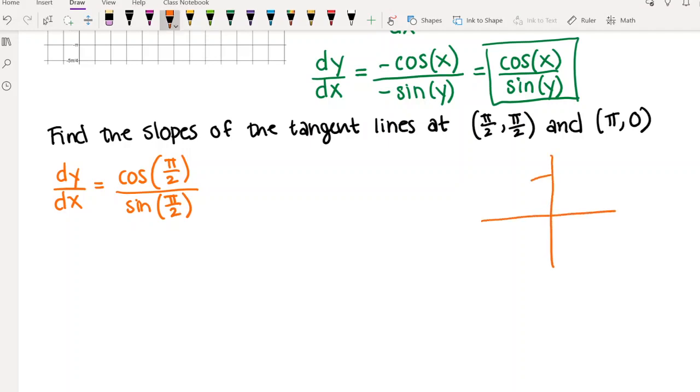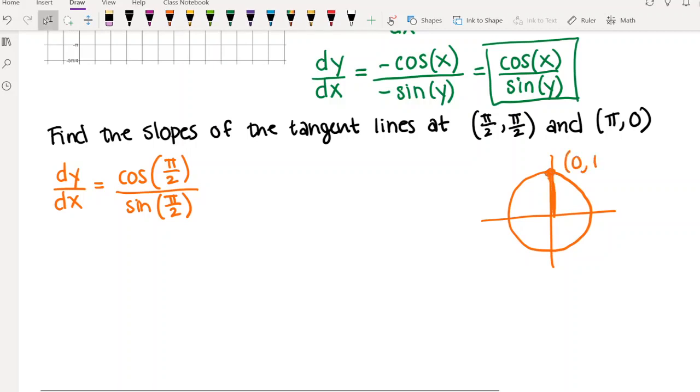Well, if we think about the unit circle, going to an angle of pi over 2, the x coordinate is 0 and the y coordinate is 1. And so that means that sine of pi over 2 is 1 and cosine of pi over 2 is 0. So we get 0 divided by 1, which is 0.